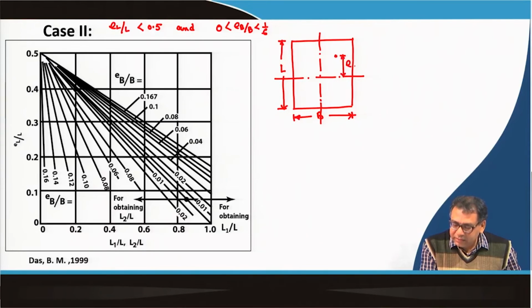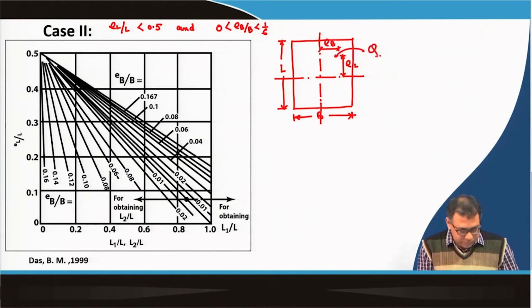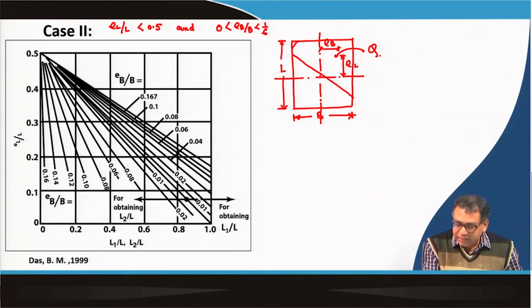This is e_L and this one e_B, this is the position of Q. Now, the effective area in this case will be like this. So, this will be the effective area in this case.